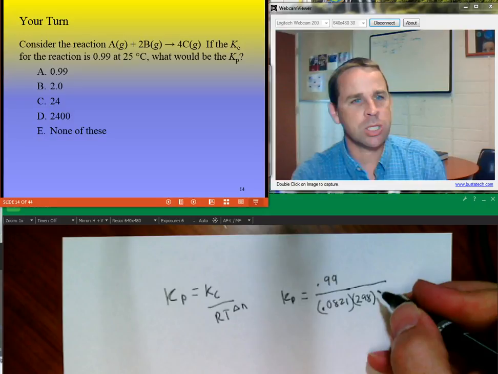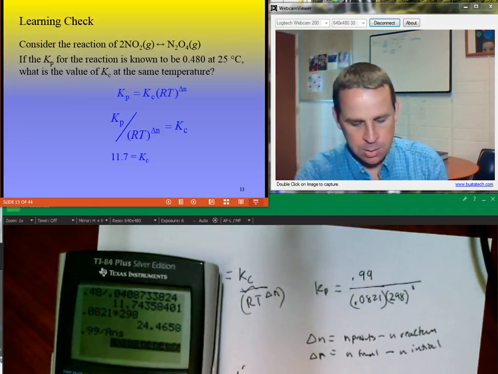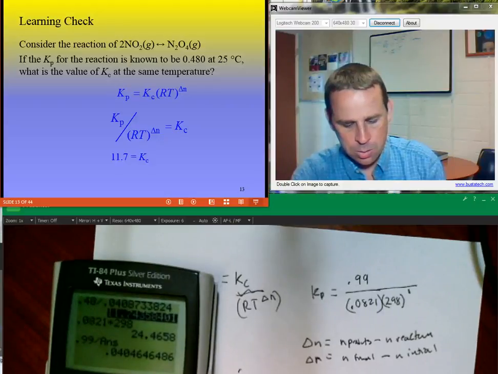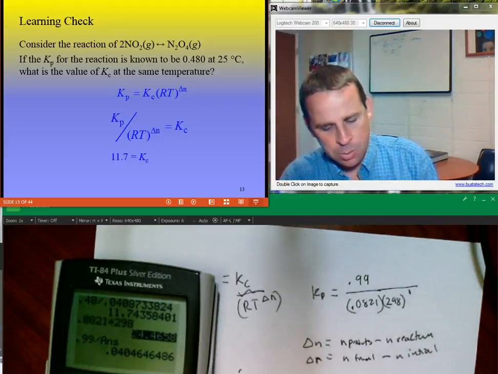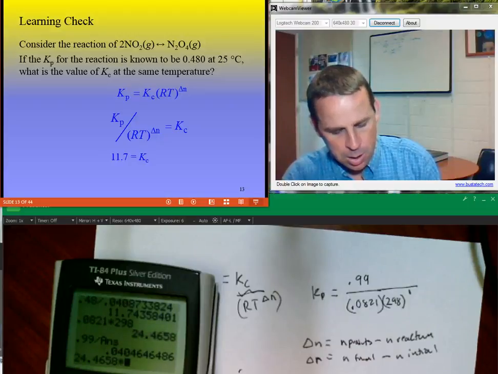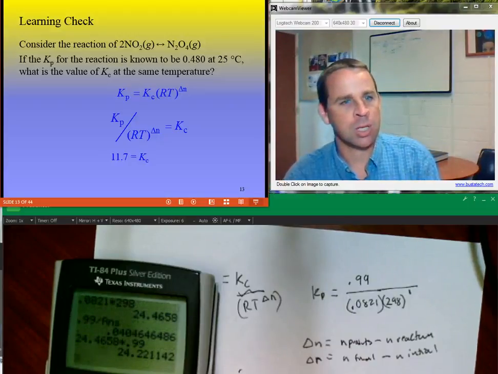Sorry about that. It's not divided by, this is multiplied by Kc times RT. So, let's try that again. There's our 0.0821 times our 298. Now we can multiply this by 0.99. All right, so that gives us our 24.